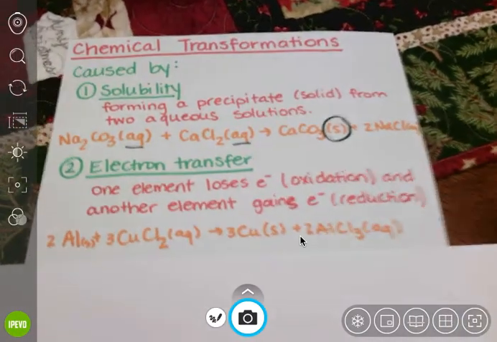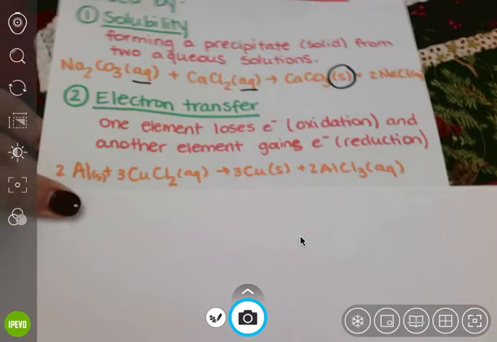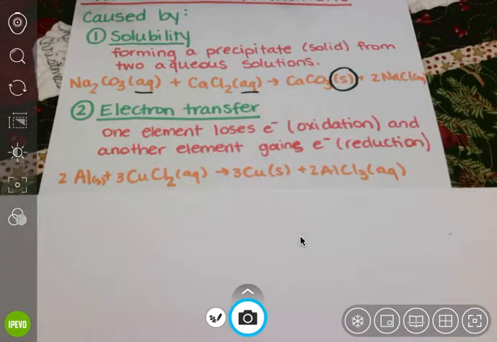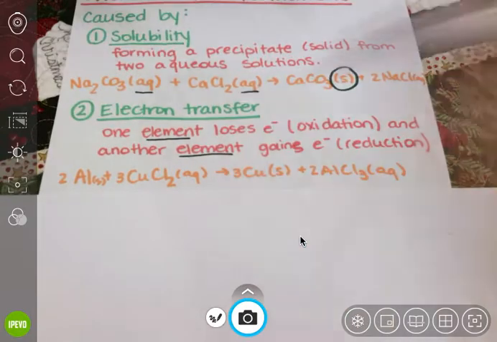Our next type of chemical transformation we talked about was when we have an electron transfer. In an electron transfer, one element loses electrons. That's called oxidation. And another element gains those electrons. That's called reduction. So one clue that we have a redox reaction, right, is that we have elements. Let's just underline those words, right?